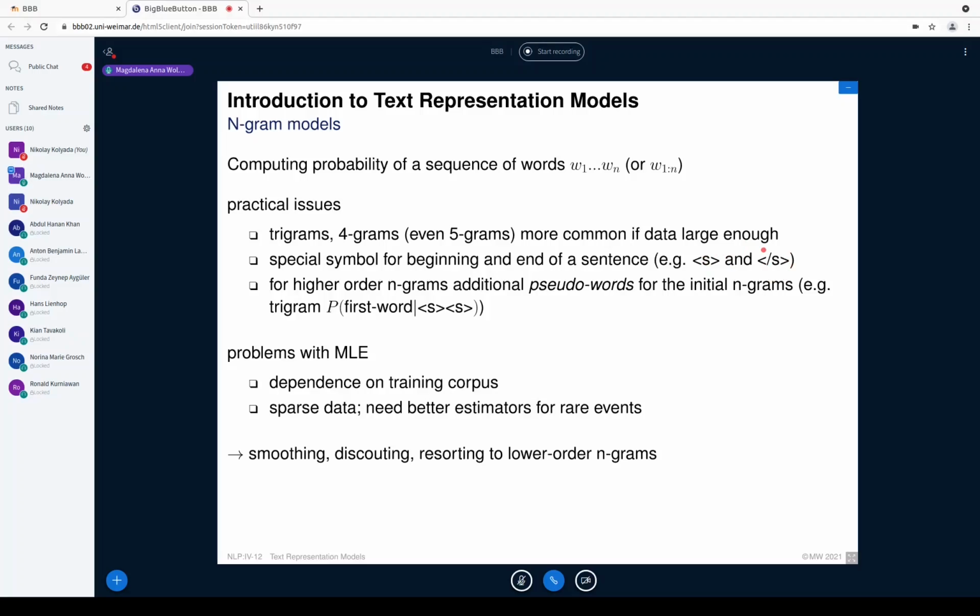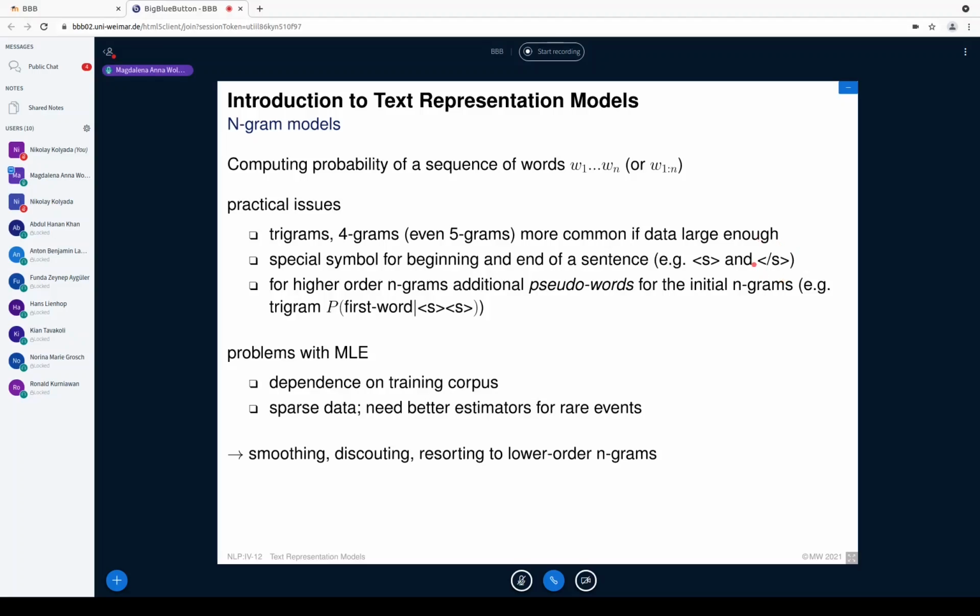And we also want to predict how sentences end, probably, and we will represent that by adding this end-of-sentence pseudo word, and say, okay, calculate the probability that this is how sentences tend to end.